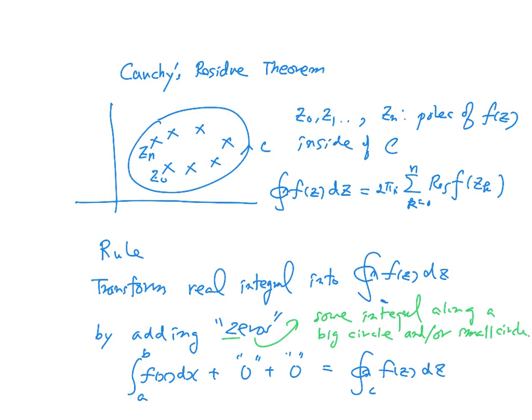So you transform the real integral into a closed complex integral by adding some zeros, which can be either the integral along the big circle or the integral along the small circle. And we have done some examples in previous weeks, the week before last week.